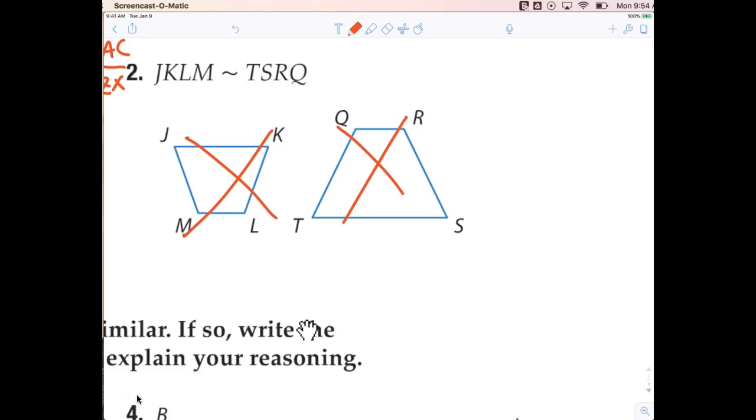Good. So JK over TS is equal to KL over, and so on. Nothing to it. Easy as that. Any questions?